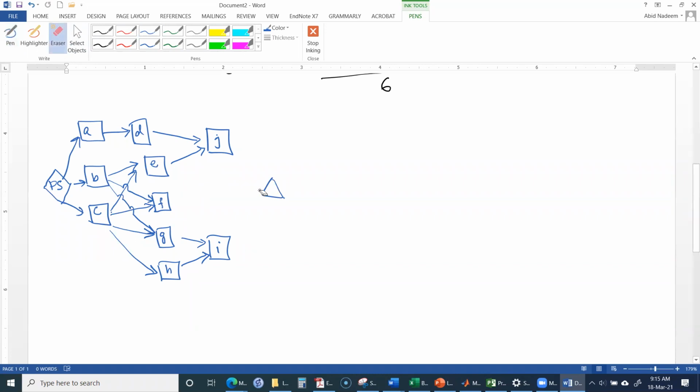Oops, again, I drew it wrong. A finish milestone, project finish PF milestone. So J has no succeeding activity, E has no succeeding activity, F has no succeeding activity, and I has no succeeding activity. Okay? Professor, E has J as the succeeding activity.